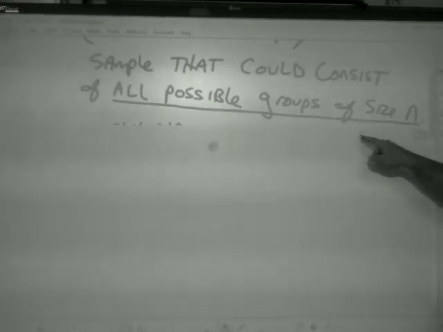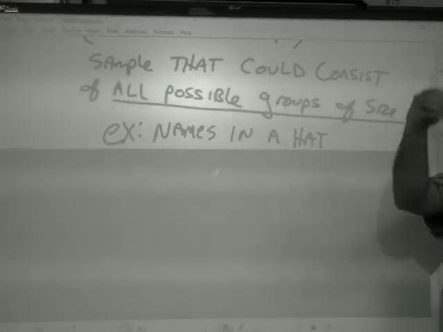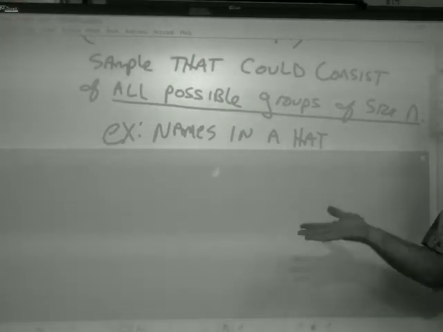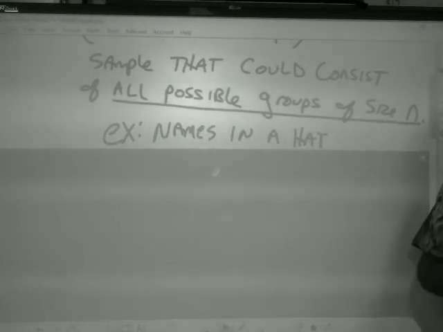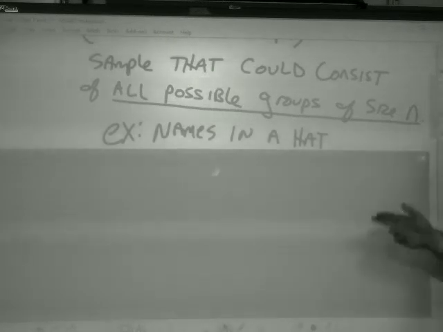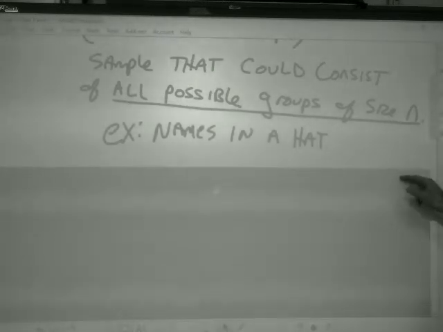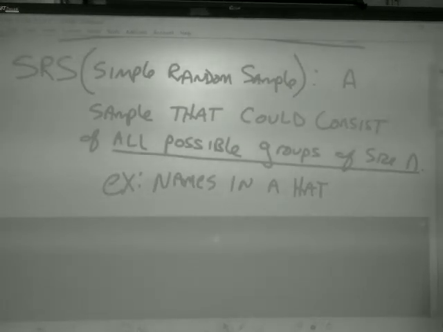For example, I could put names in a hat, draw a name out, and that would be an example of a simple random sample. Because as I draw names out of a hat to form a group, all possible groups can be made. So, simple random sample, all possible groups can be had.